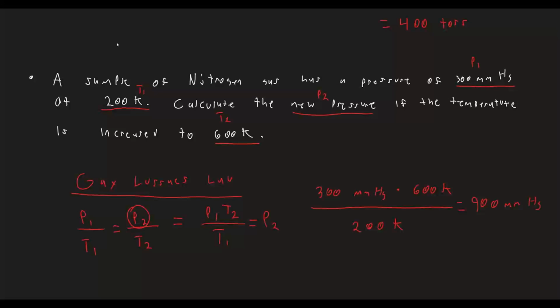And we can leave it at that, or we can convert it if the question asks us to. And yeah, that should be good for here. Any questions on this one? Alrighty.